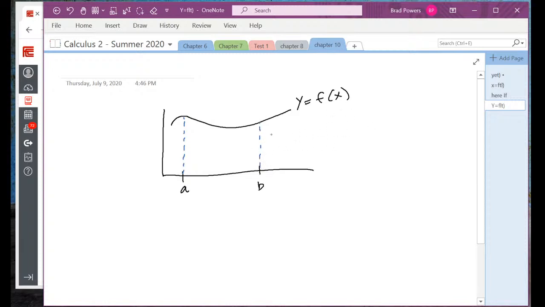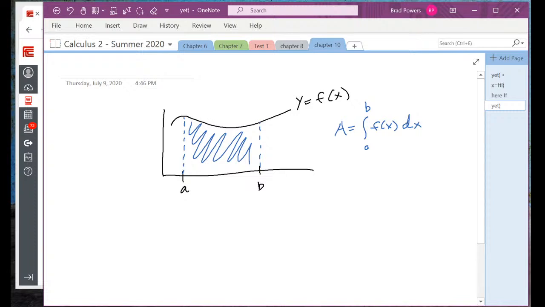Right? And if we want the area under the curve here, all of this, what we'd normally just say is area is the integral from A to B of f of x dx. But now that's not what we have, is it?